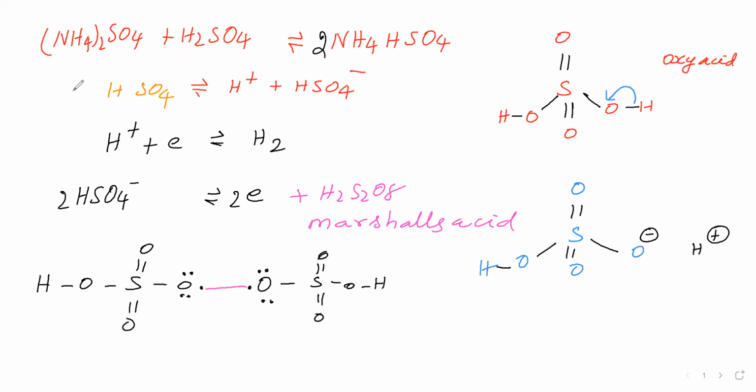Now we will take ammonium bisulfate. This ammonium bisulfate goes for ionization to give the ions H plus and NH4SO4 minus. How are we getting this?